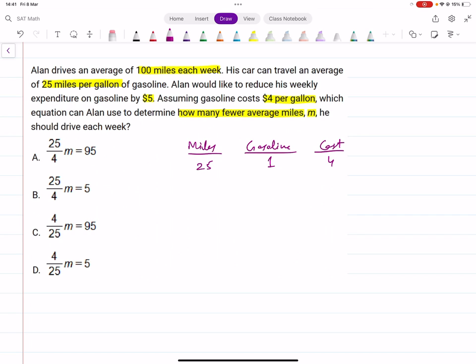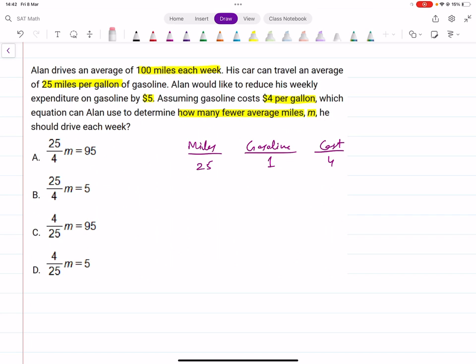And now, we are given that he drives 100 miles each week. If he wants to reduce the expenditure by $5, what does that mean? What is going to be the number of miles that he would have to reduce from this 100?